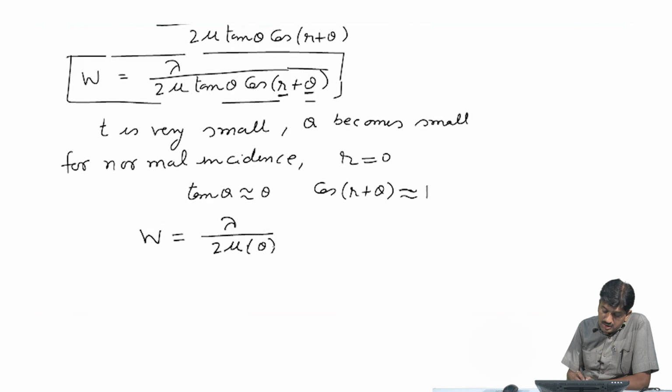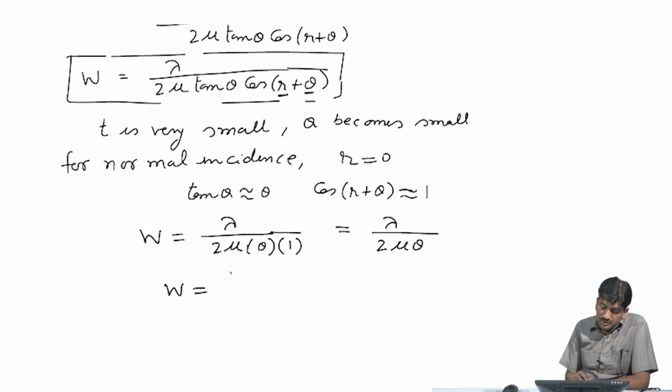Tan theta is theta. Cos(r plus theta) is 1. Fringe width in interference in wedge shape film should be equal to lambda upon 2 mu theta.